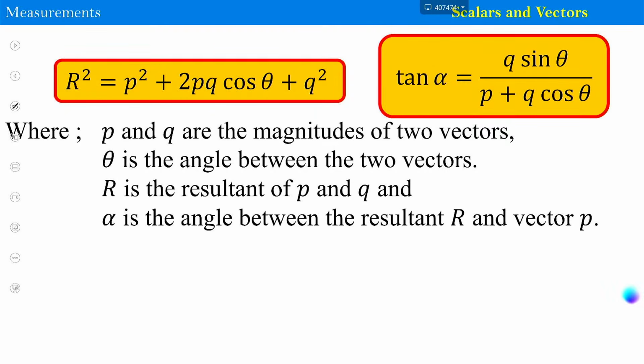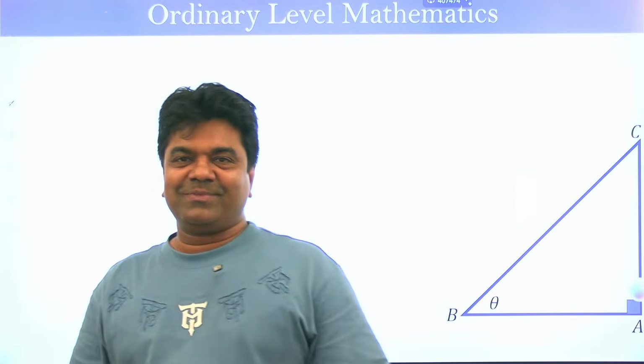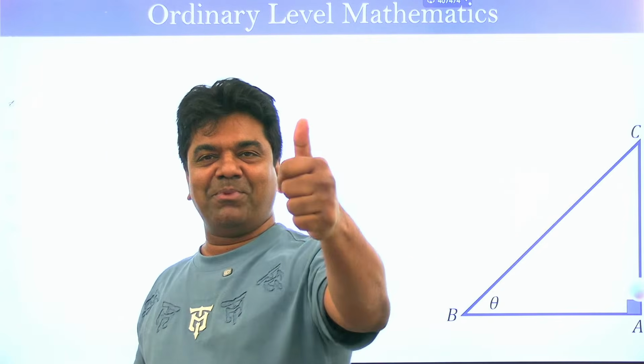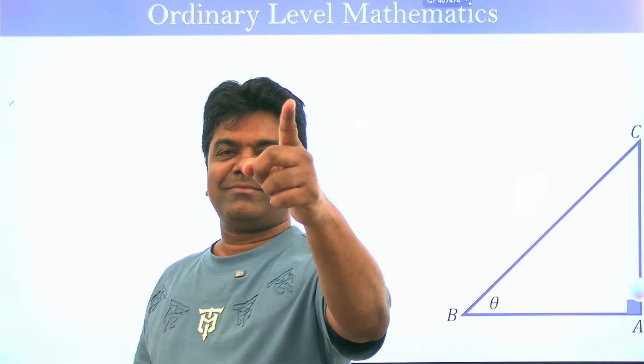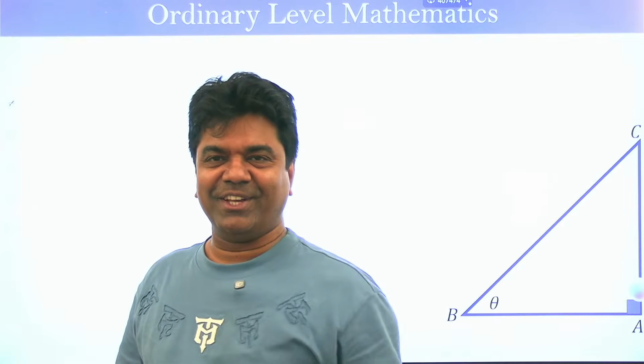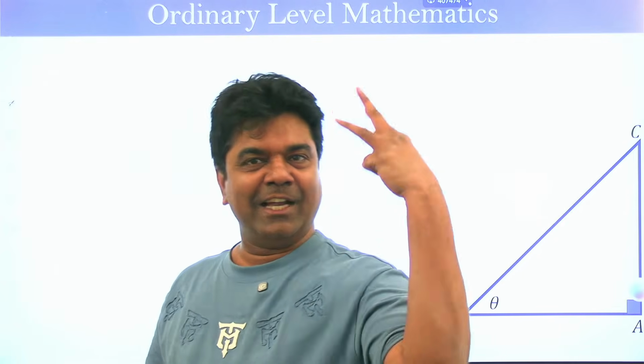Okay, so let's take the other parts again. Now we are done with two theories. I'll remind you, we have four theories to do. Number one, triangular theory. Number two, parallelogram law. Number three, polygon and resolving vectors.